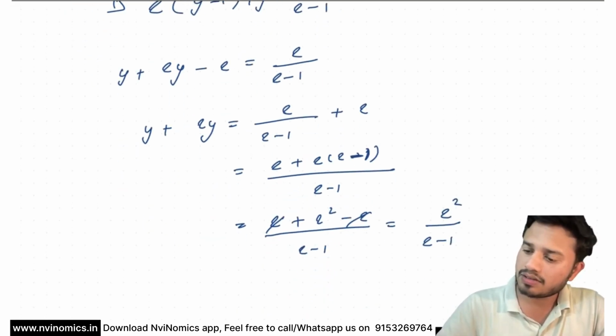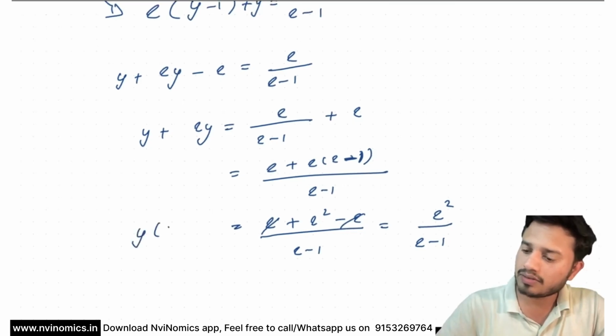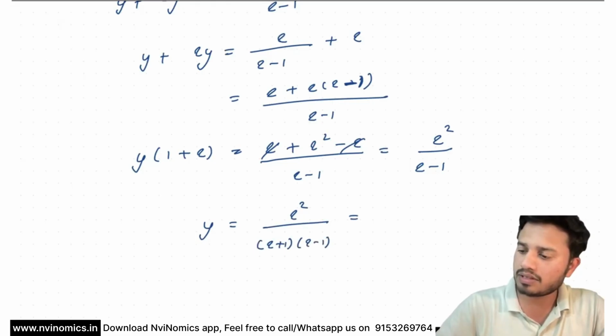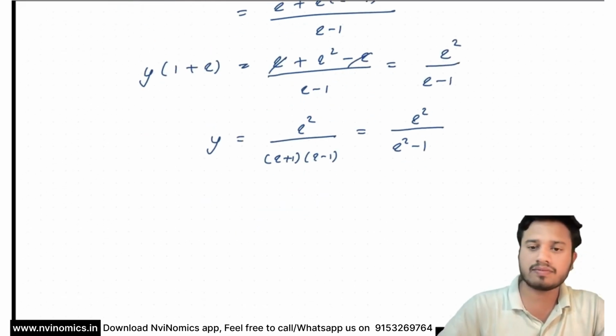So take y common, get 1 plus e, or e minus 1, e plus 1. So y will be e plus 1 into e minus 1. That will be e square minus 1.